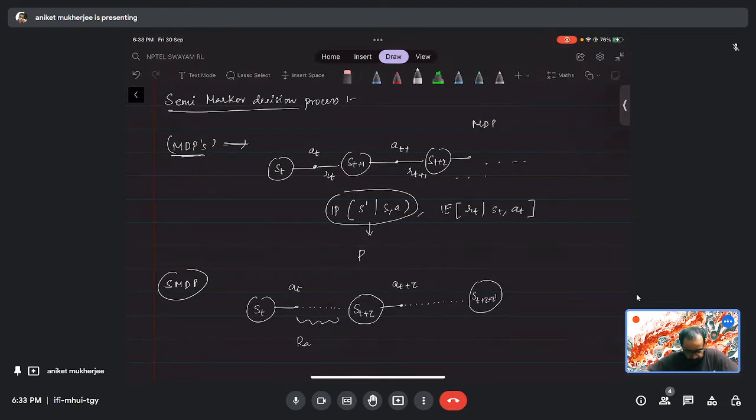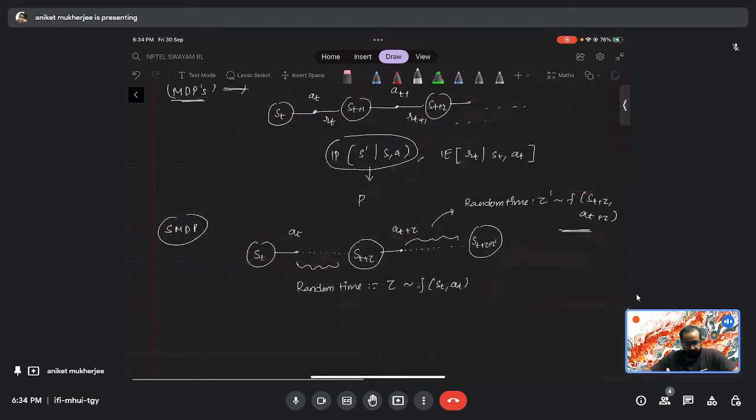This waiting time tau is a function of the S_t and the action A_t that you have chosen. Here also similarly, we are waiting for a random time tau prime, which is a function of S_{t+tau} and A_{t+tau}. All these waiting times are random. This is just a mathematical formulation of a semi-Markov decision process.